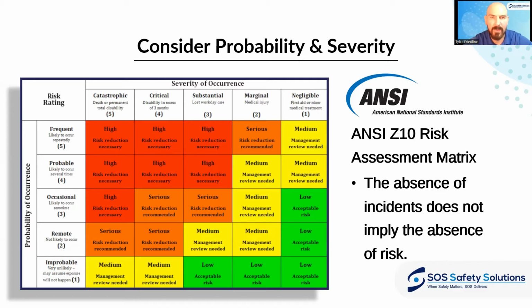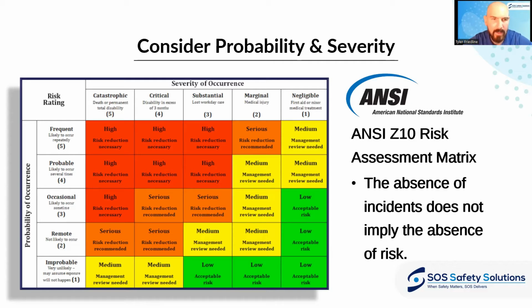So there's two different things. At the top, you see severity of occurrence. So a catastrophic injury would be death or permanent total disability could occur. Critical would be a disability in excess of 3 months. Substantial would be a lost workday case. Marginal would be a medical injury, and negligible would be a first aid or minor medical treatment.